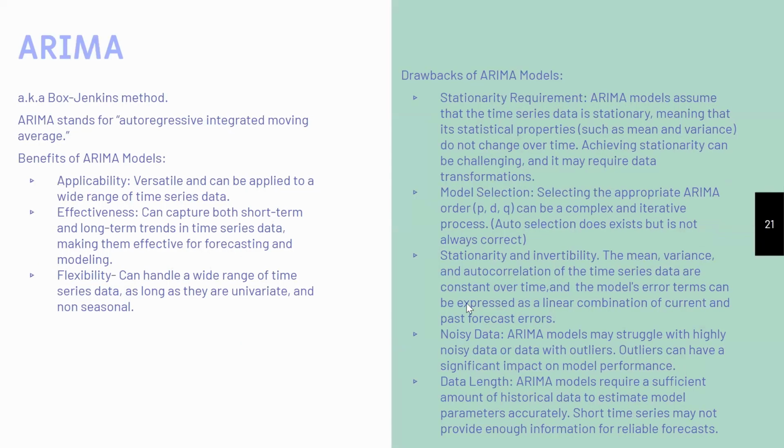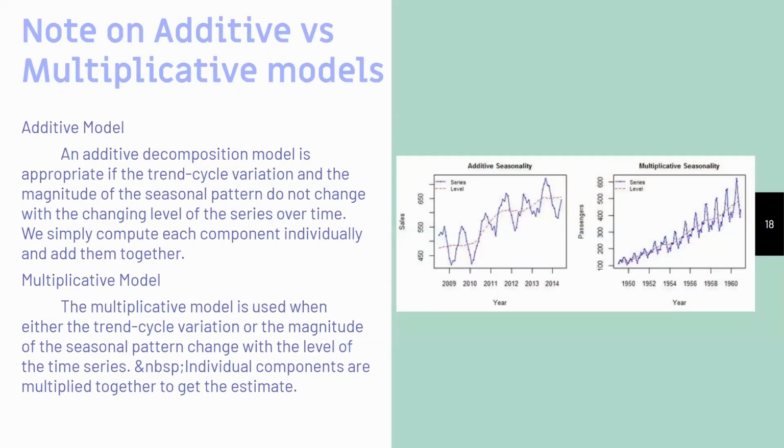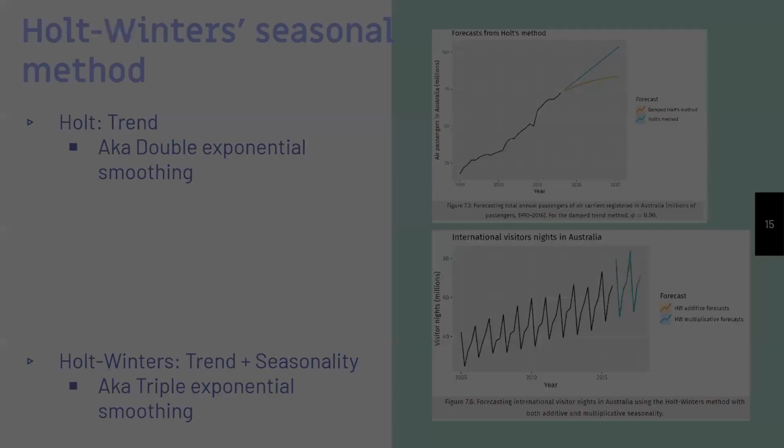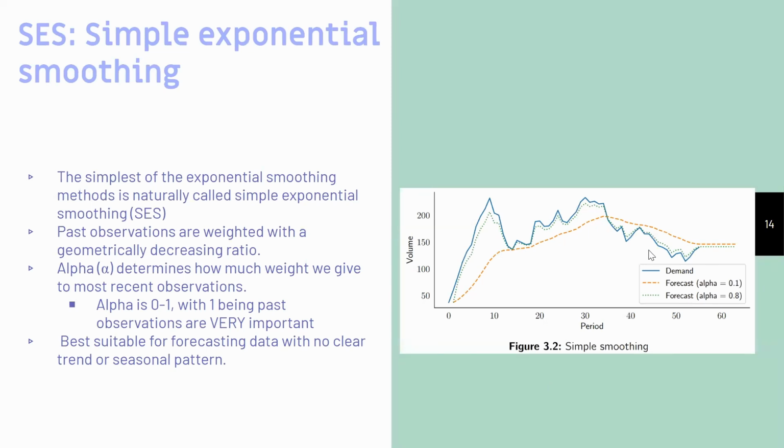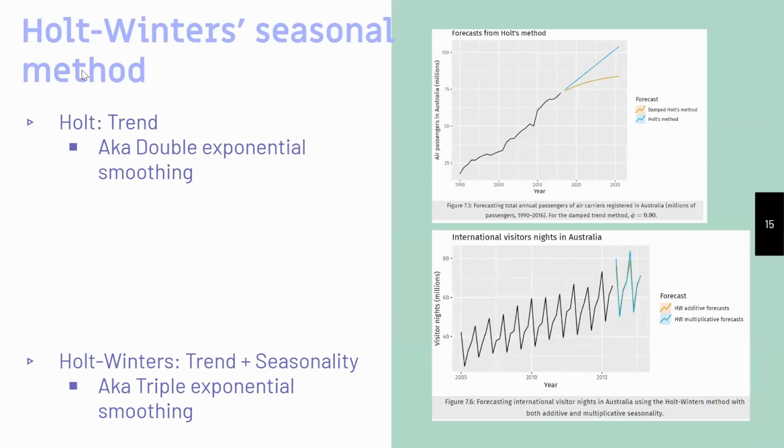And then data length. ARIMA needs a sufficiently large data set because it works with all the data, while exponential smoothing models actually don't. As I've mentioned, if a simple exponential model has an alpha value of 1, it will only use yesterday's value to forecast. The same goes for the rest of them; they just add trend or trend and seasonality.